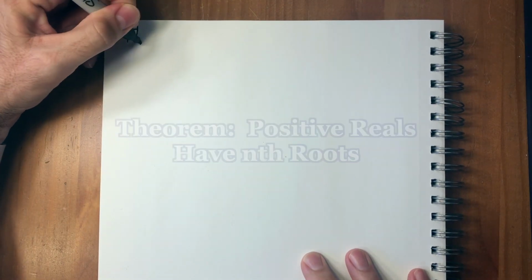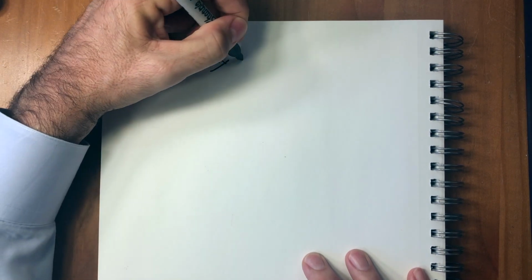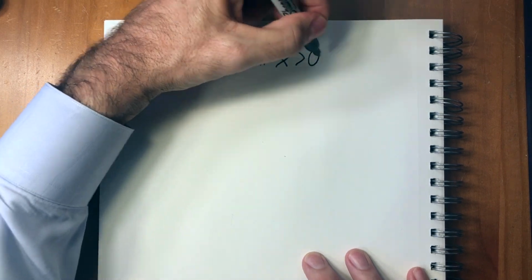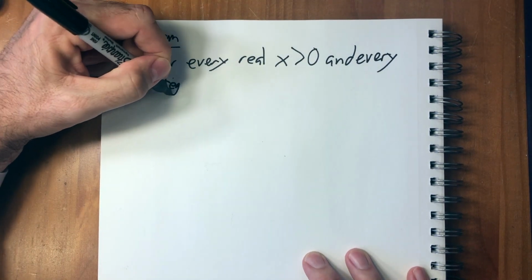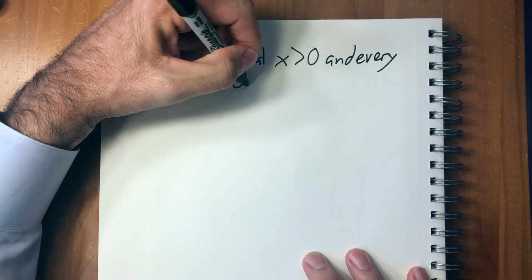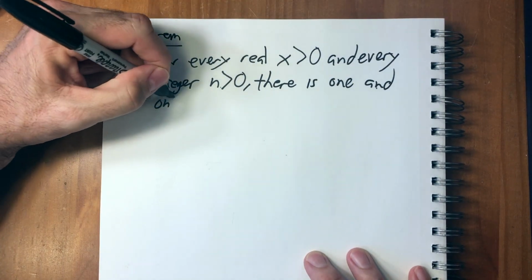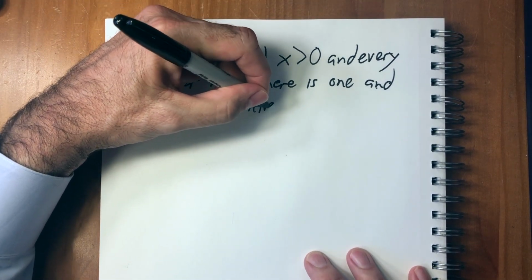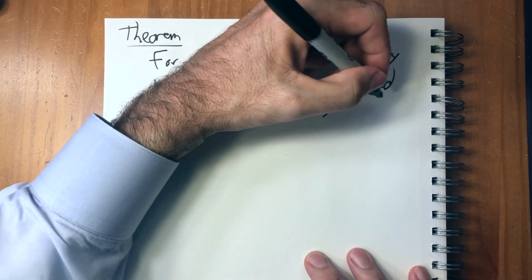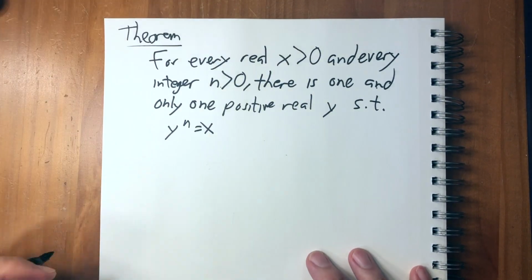We're coming full circle because what we're going to prove here is that for every real x greater than 0 and every integer n greater than 0, there is one and only one positive real y such that y to the n equals x.